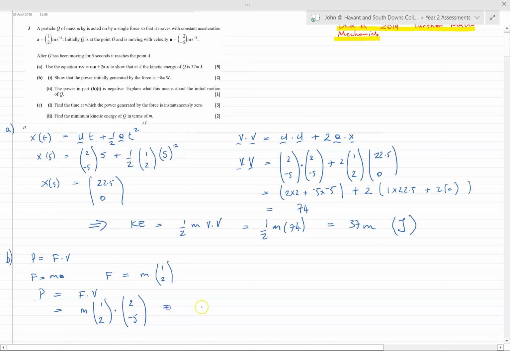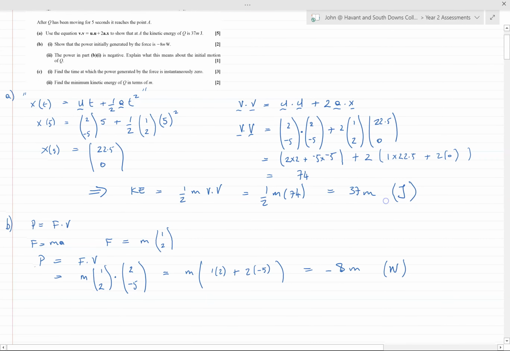So using a dot product there, we get m times (1 times 2 plus 2 times minus 5), which is equal to minus 8m. Okay, and watts are the units, so minus 8m W. Now, some people mistakenly think that because power is a scalar, which it is, it can't have a negative.